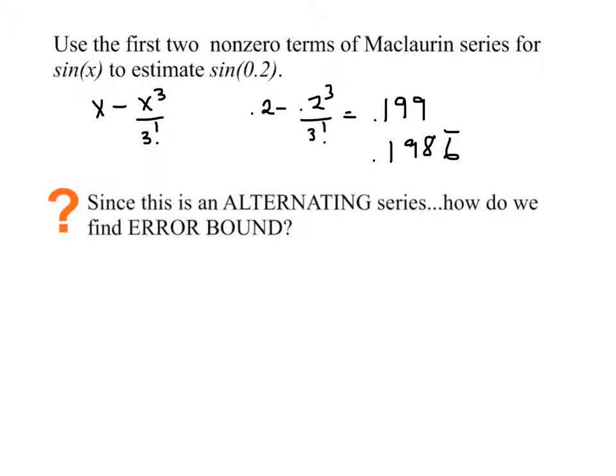Now the question is, how good is this approximation? If you remember from when we did alternating series before, the way you do it is simply by finding the next term. If you use two terms, the third term would give the error bound.